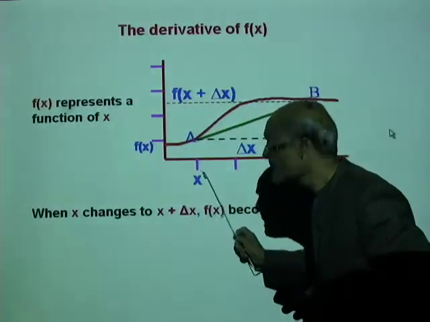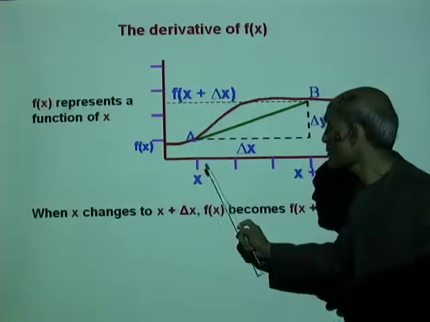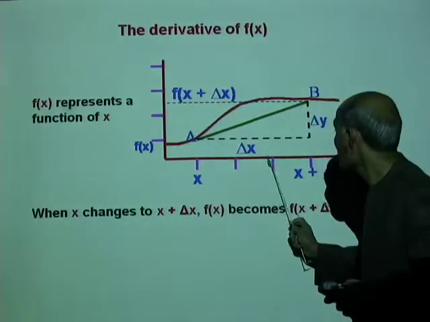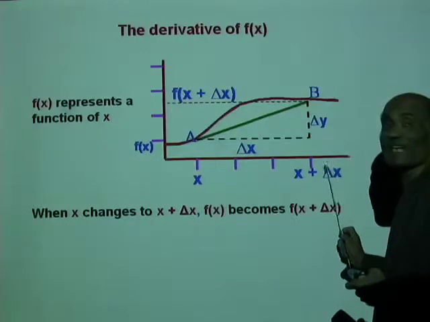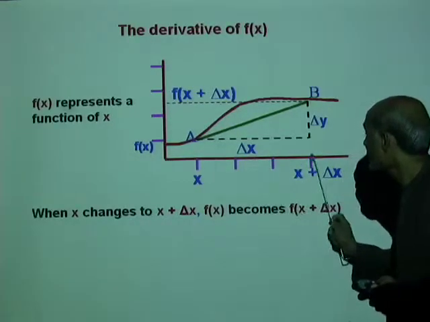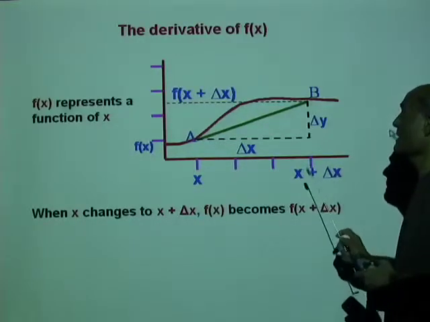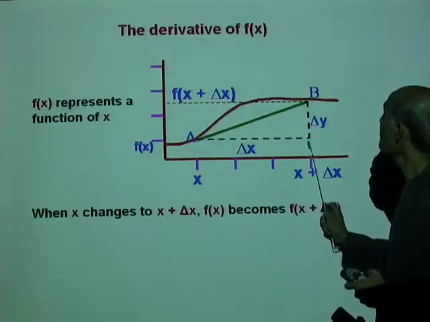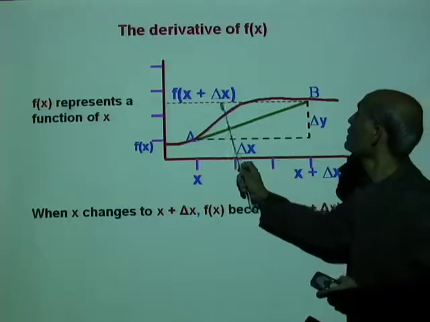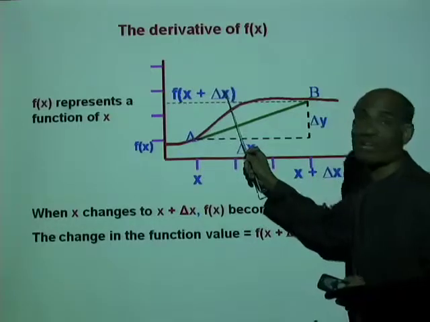So when the input is x, the output is f of x. Now the input is going to increase by a quantity called delta x. So this interval is delta x, so that this input value is x plus delta x. Now when the input is x plus delta x, the output is f of x plus delta x.